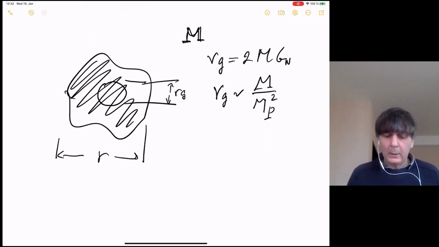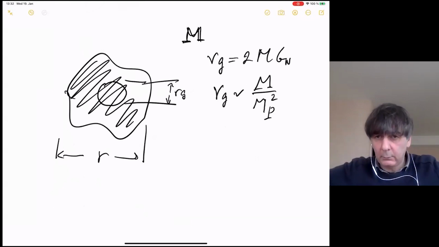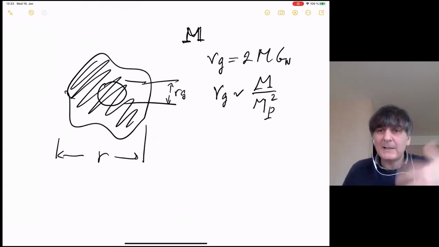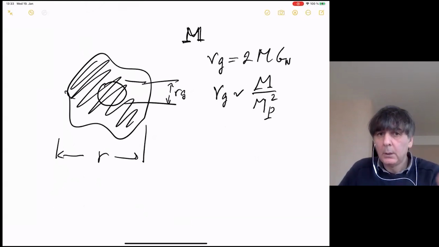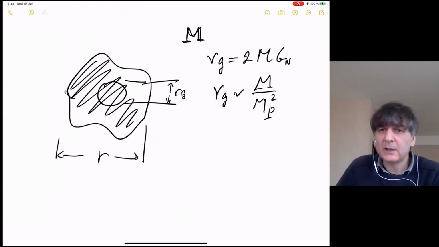Now, for this type of objects that have extent beyond their gravitational radius, essentially gravity is in a weakly interacting effective theory at the size of the object.